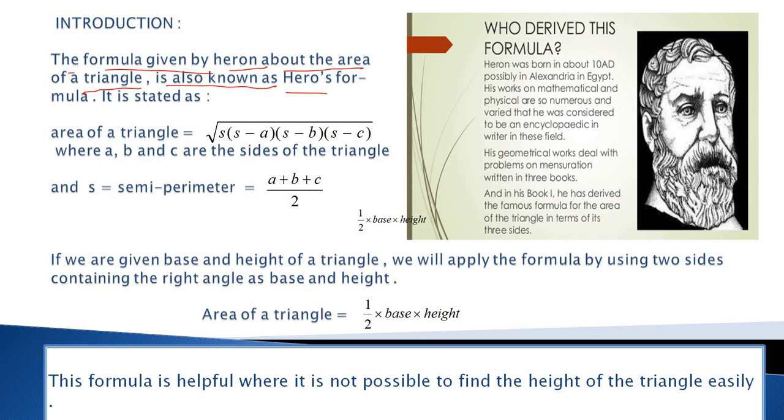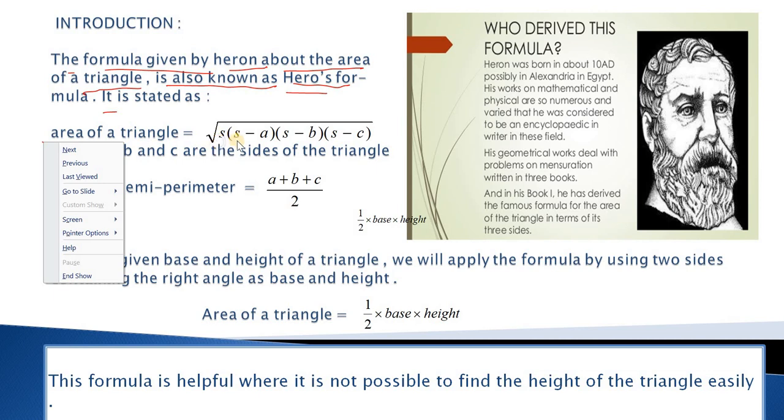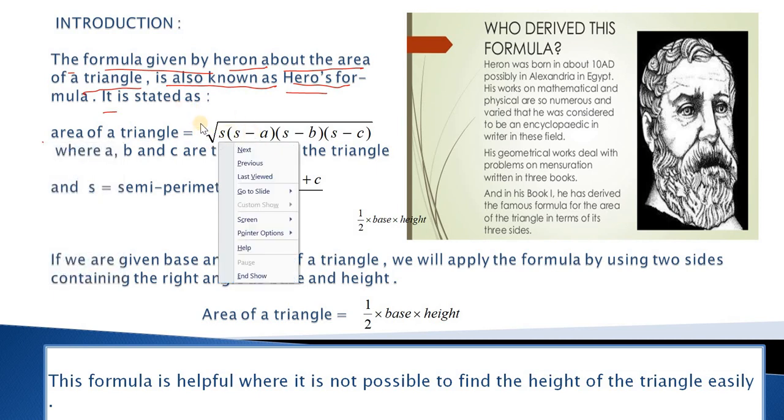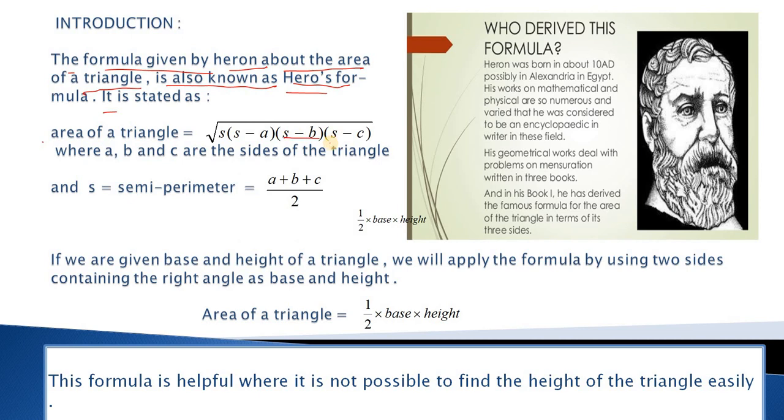As per Heron, the area of the triangle is the square root of s into (s minus a) into (s minus b) into (s minus c), where a, b, c are the sides of the triangle and s is the semi-perimeter, the sum of all three sides divided by 2, that is (a plus b plus c) by 2.